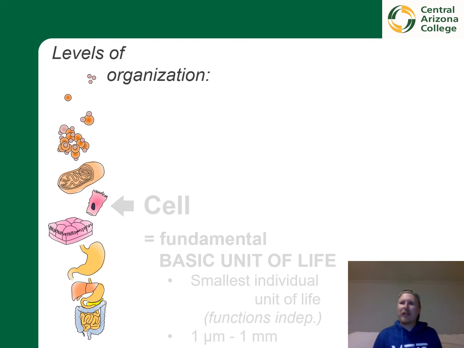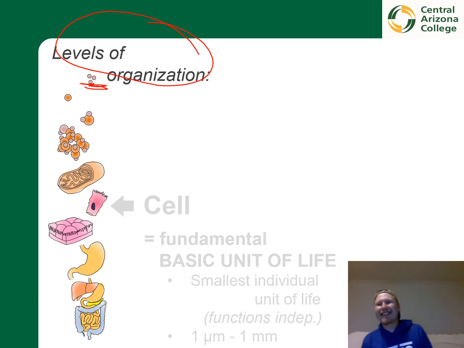So we are going to start by jumping into this listing of the levels of organization. You can see here subatomic particles, electrons, protons, and neutrons.